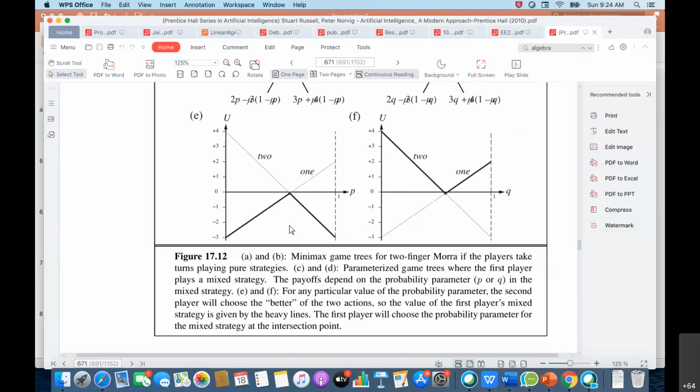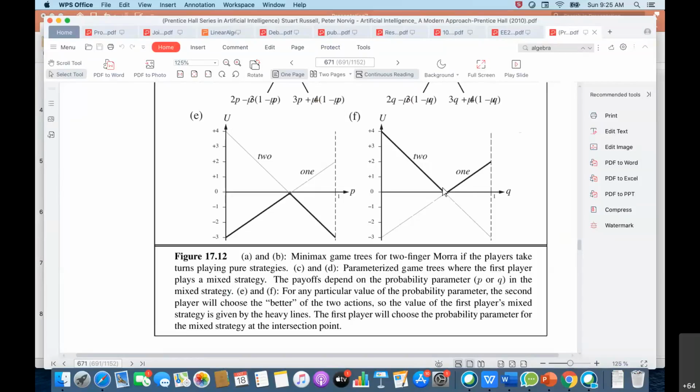You can solve the equation and get the value of P. If you assign 7 by 12 to P and compute UEO, it is going to be equal to minus 1 by 12. For P equal to 7 by 12, the value of this or this, either one, is equal to minus 1 by 12.